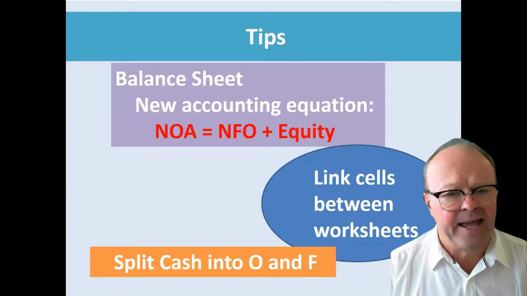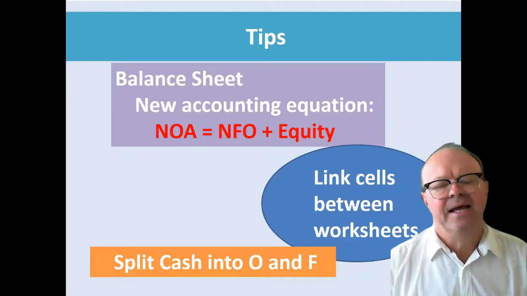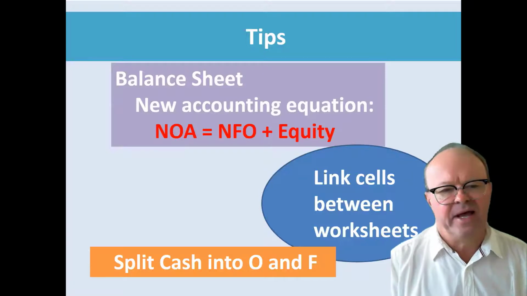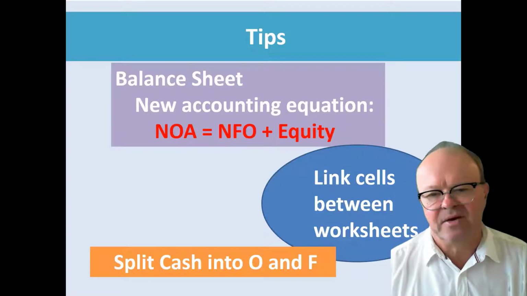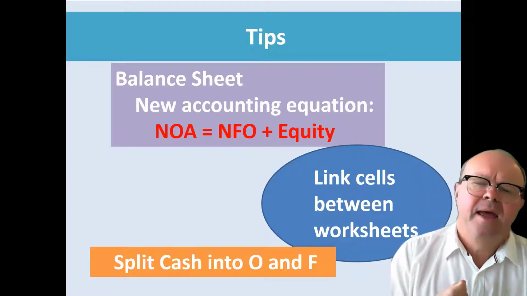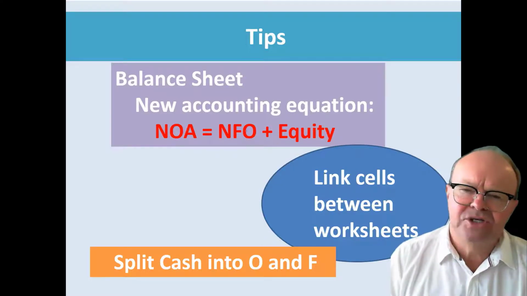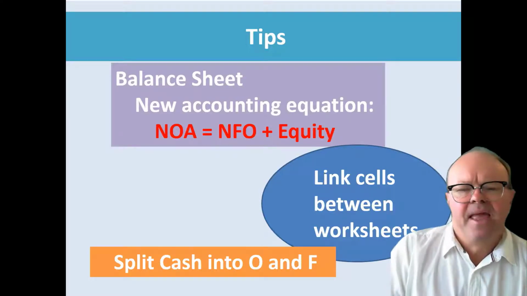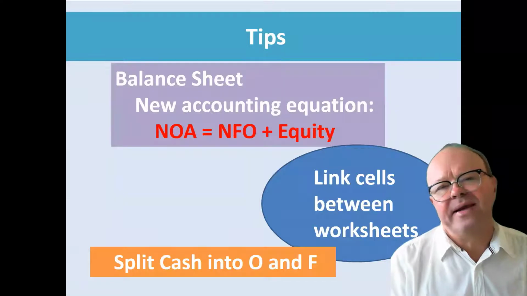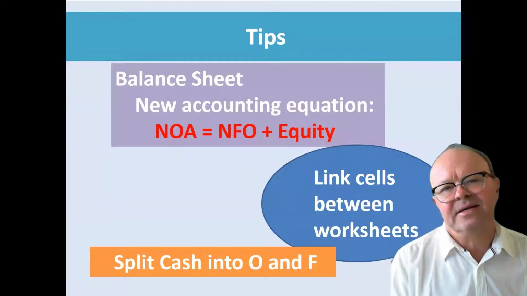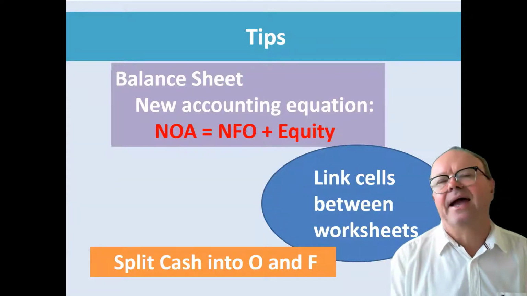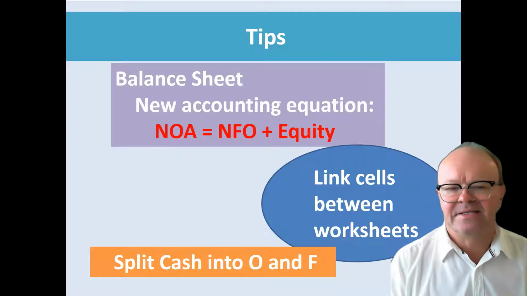We know that the accounting equation is assets equals liabilities plus equity. But in the way we're formatting the balance sheet when we restate it, we're going to put the operating assets less the operating liabilities together to calculate the net operating assets.